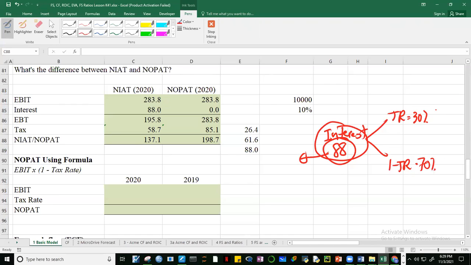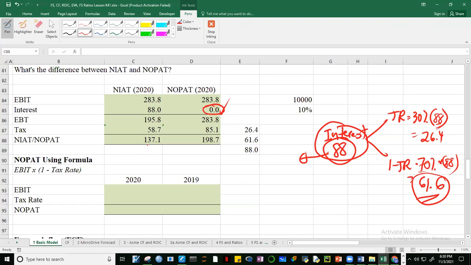So 30% of 88 of the interest expense was the tax savings, 26.4. Therefore, the advantage of NOPAT over net income after tax was just 70% times the interest of 88, which is 61.6. This was the advantage of net operating profit after tax, since we're not charging operations with the interest expense. So here it's 0.